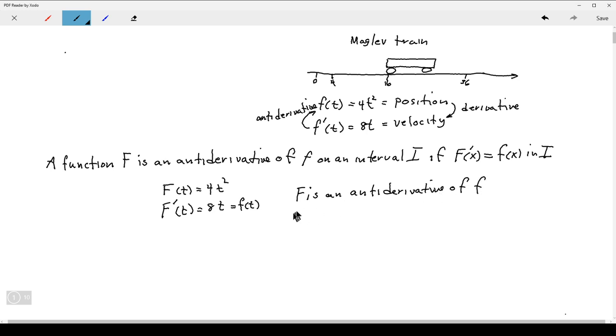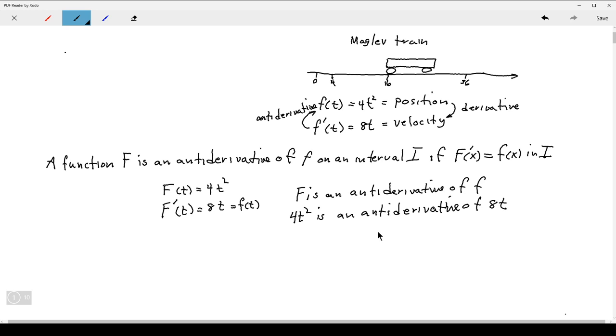All right, so 4t squared is an antiderivative of 8t. Okay, all right, so that's how antiderivatives work. All right, you know you have an antiderivative if when you take its derivative you get the function.